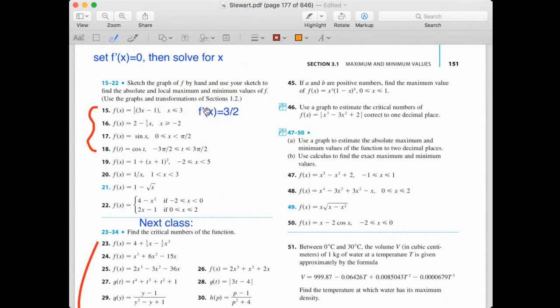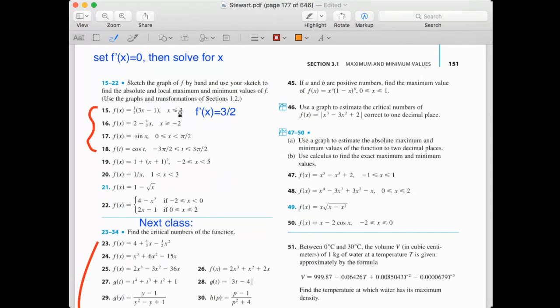So what does it mean? It's constant. Can we set this one to be 0? No, it's a constant. 3/2 will be 3/2. So the first one means we don't get a critical number, but we do get something else.